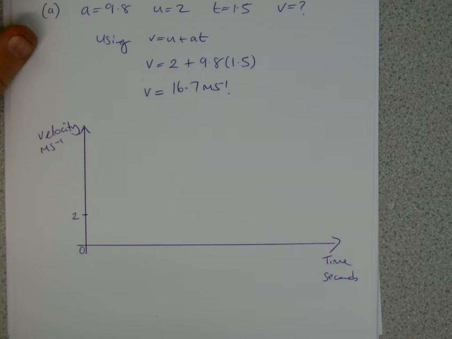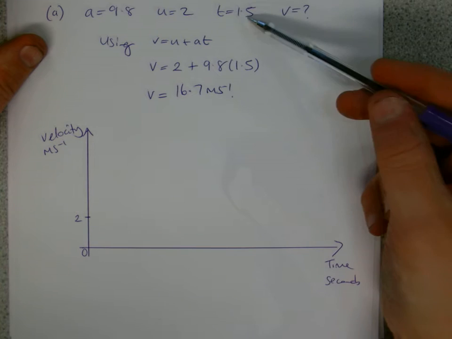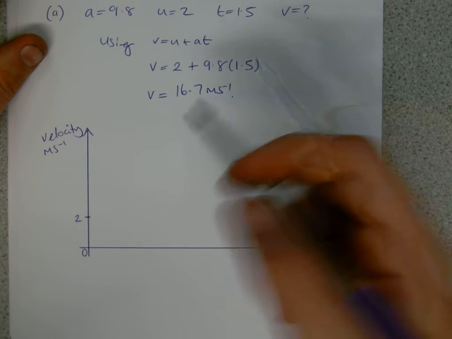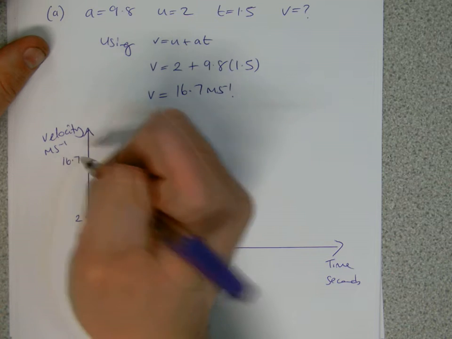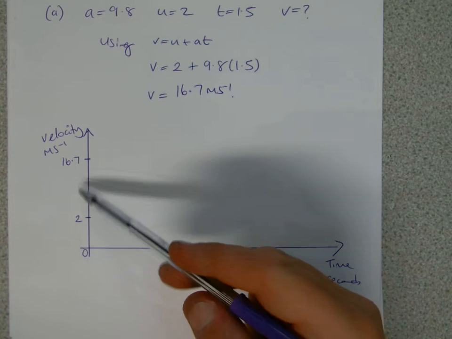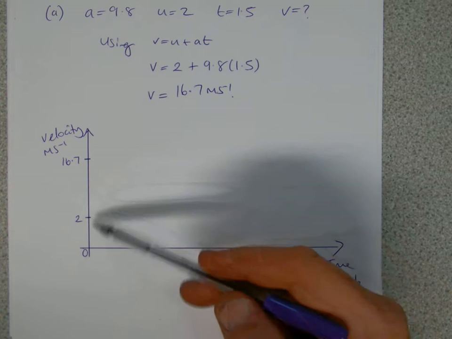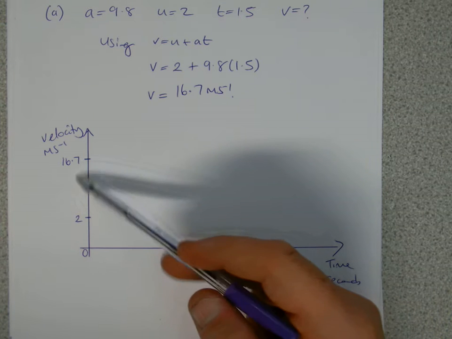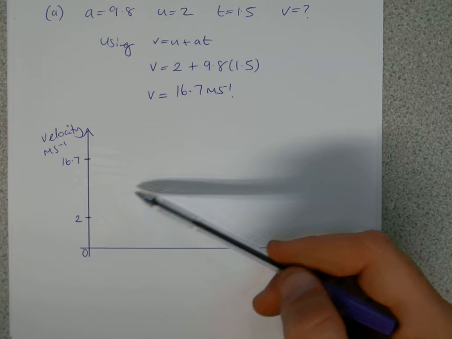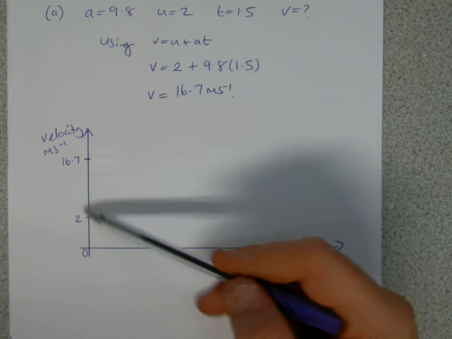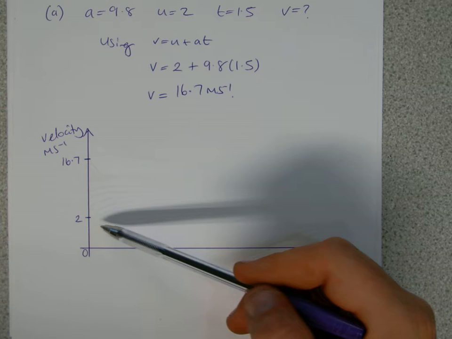And his speed will increase, won't it? His speed increases over 1.5 seconds to 16.7. So we'll put 16.7 here. Don't worry about the scale. Remember, we just try and get it looking reasonably accurate, but it's not the deal here, right? At the end of the day, we need to just sketch it so that it looks reasonably realistic. Obviously, we can't get the scale perfect.